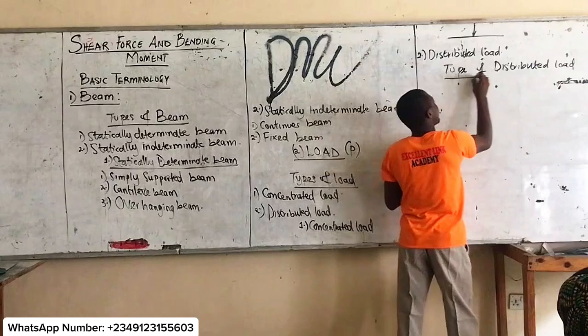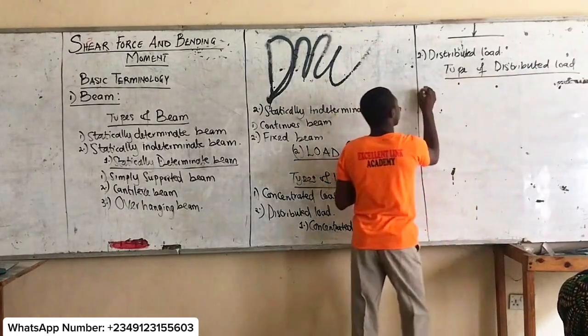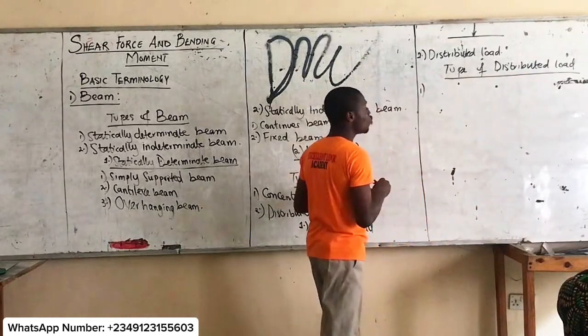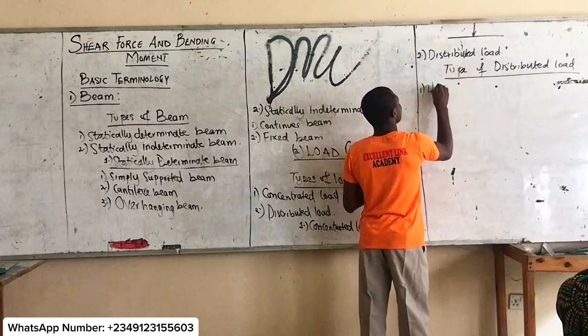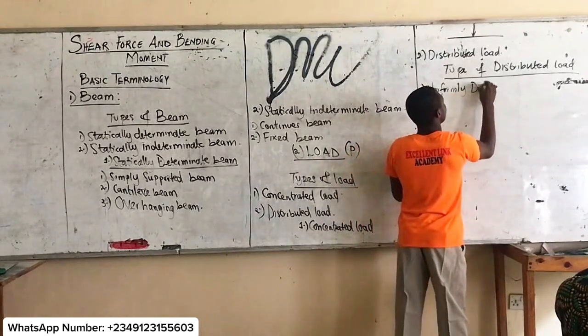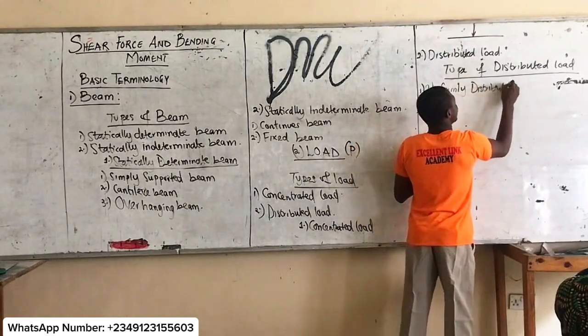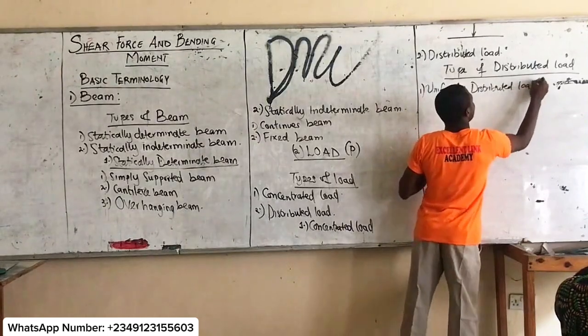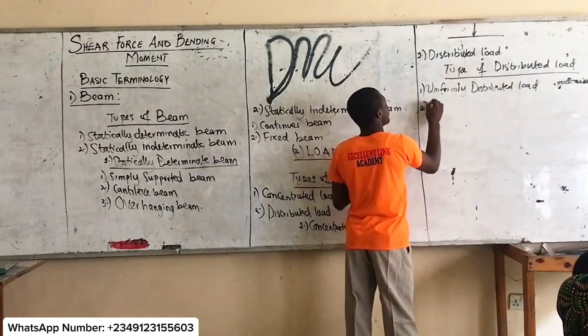We have 2 types of distributed load. Number 1, we have what we call the uniformly distributed load. Next up we have what we call the uniformly varying load.